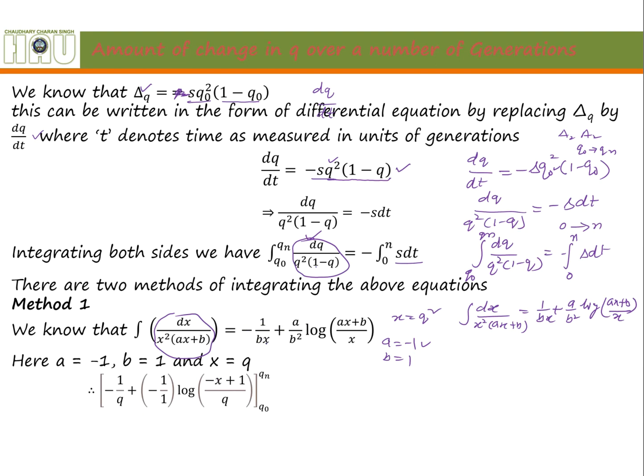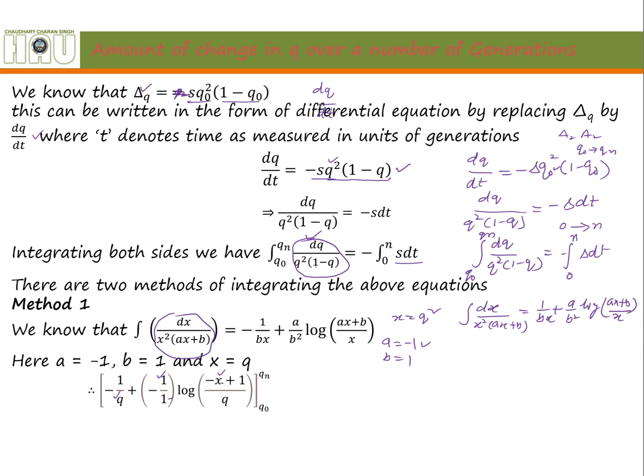So if I apply this result, I will get -1 over bx, where x is q and b is 1, so it is minus 1 by q. Then a upon b square: a is my -1, b square is 1, so it is -1 by 1.